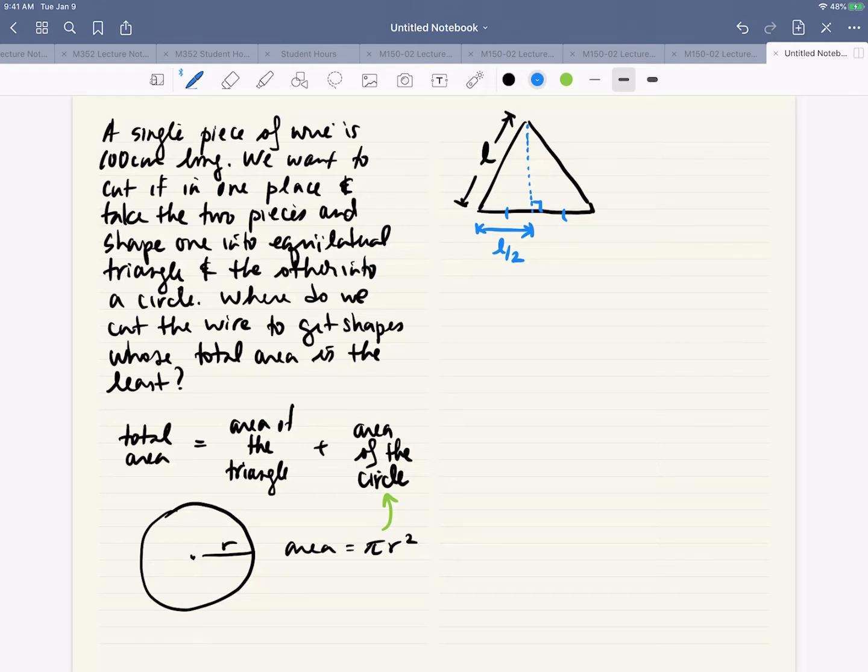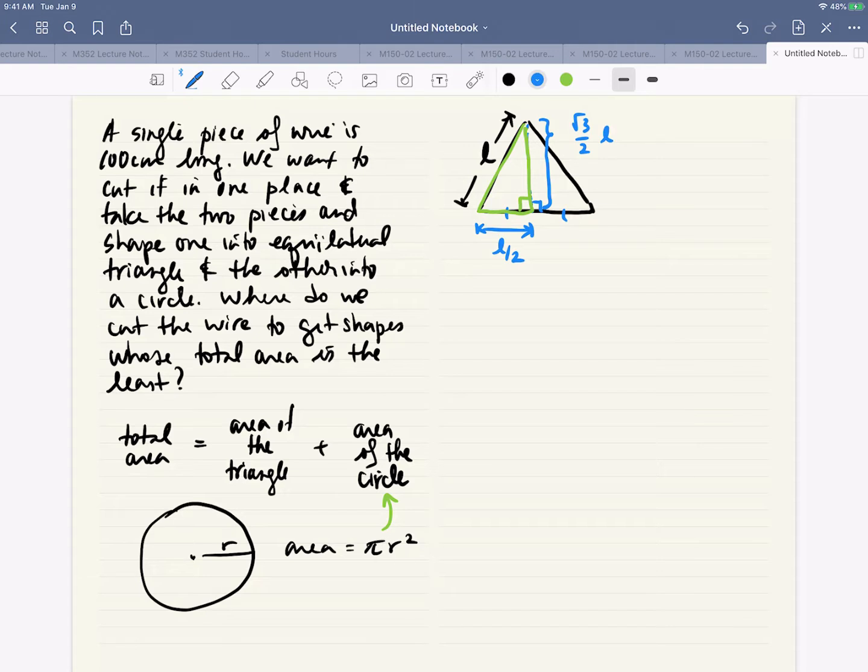And if I can find the height, then the product of this number and the height is going to be the area of my equilateral triangle. Now, the triangle I'm interested in here is a right triangle. I can find the other length using the Pythagorean theorem, and I'll let you check.